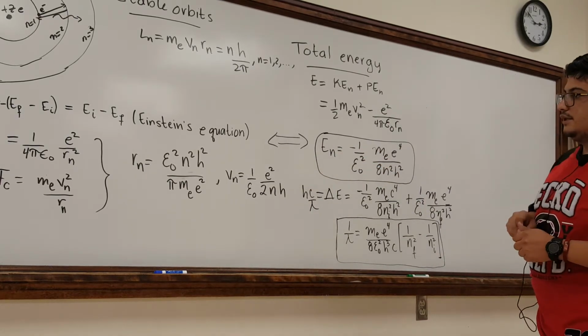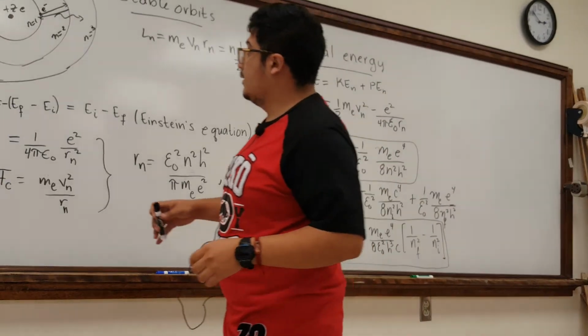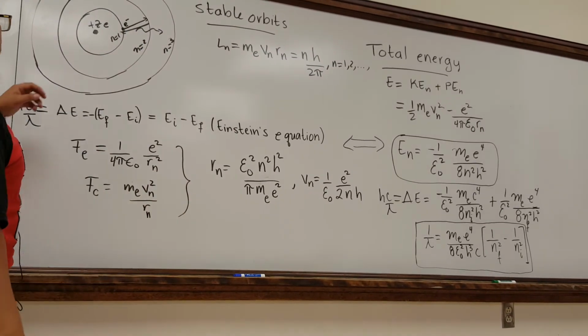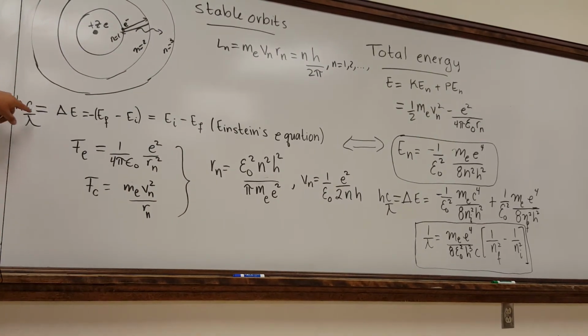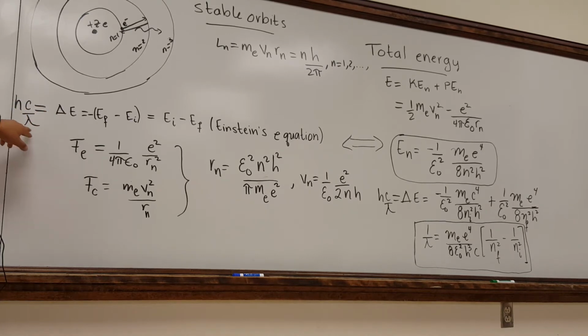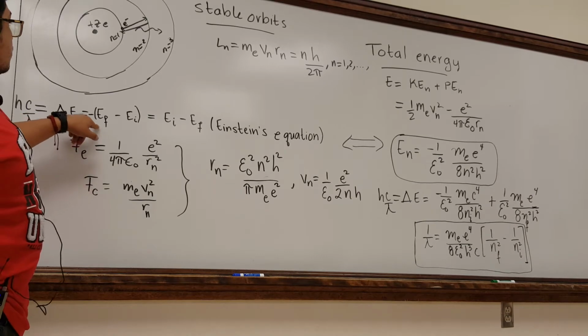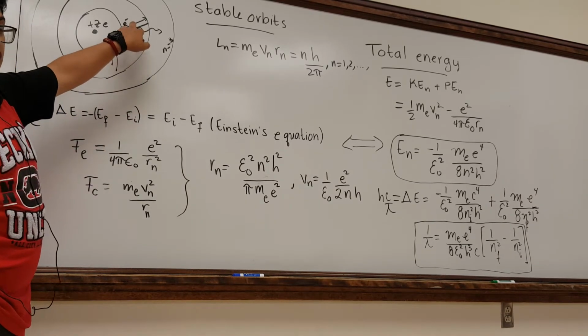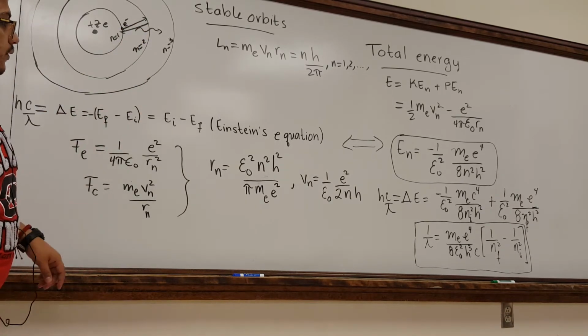We recall that the light emitted here is equivalent to the energy difference between the two energy states, n1 and n2, for example, expressed in terms of frequency or wavelength.